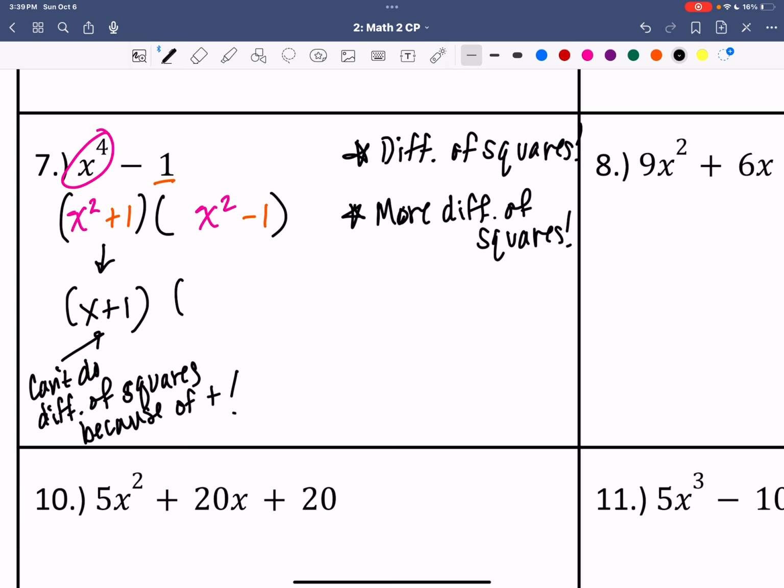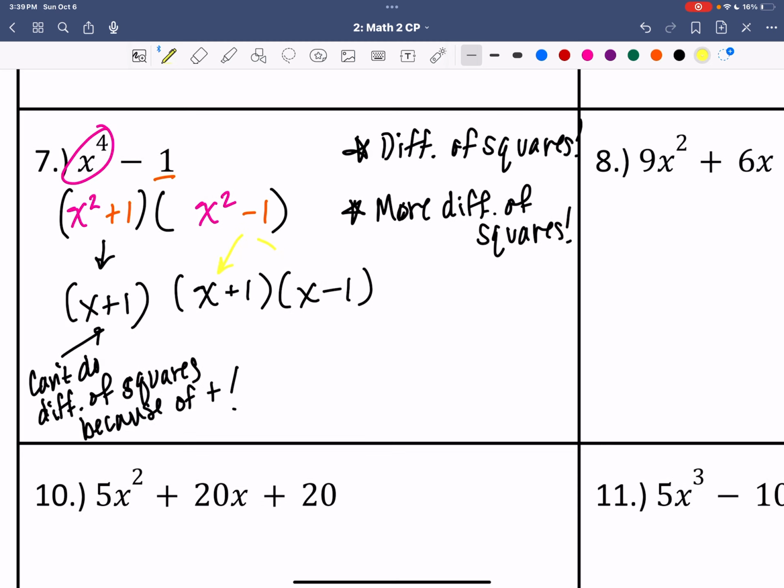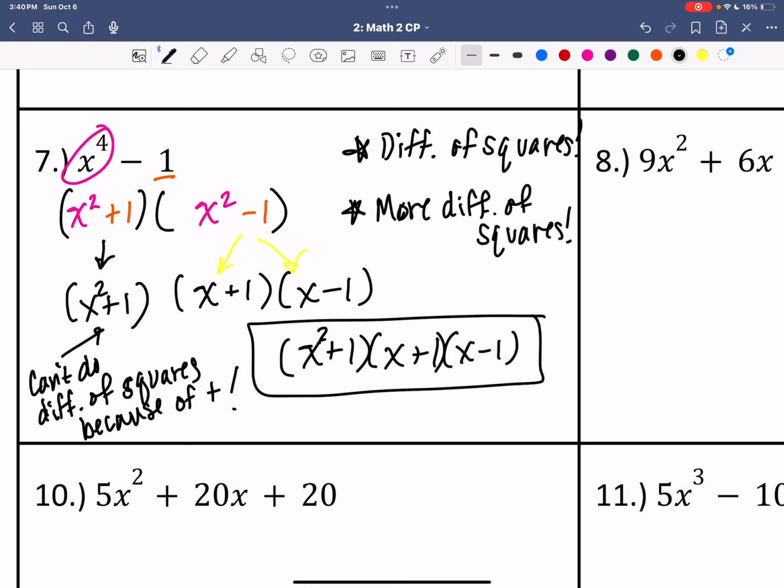So here we have x plus 1 and then x minus 1. So this factors to that and to that. So now that you've got all that together, your final answer is x plus 1. Oops, I forgot my squared. Sorry. And then you have x plus 1, x minus 1. And that is your final answer.